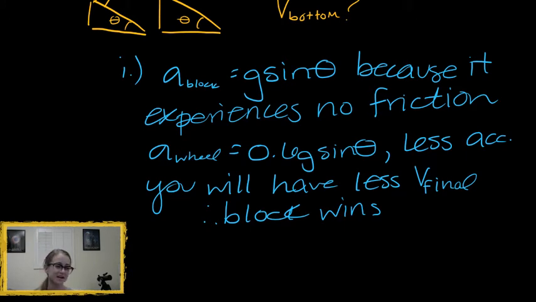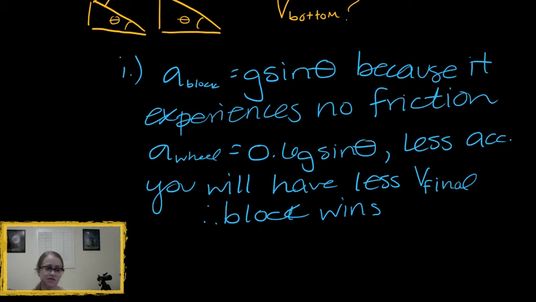But we can state it simply, because you don't even have to use the equations I used. You can say that the block experiences no force of friction, which will lead it to have a greater acceleration or a larger net force, which will therefore make it have a larger final velocity at the bottom of the ramp. So we kind of already did that in part B.